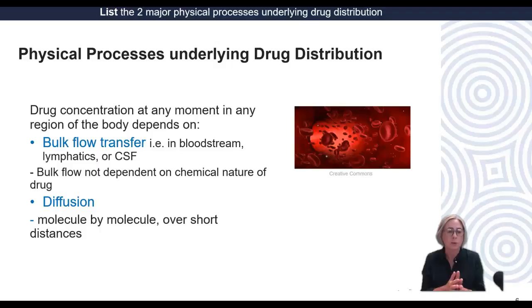Diffusion then is the movement of drug molecules, molecule by molecule, over very short distances. So down a concentration gradient from where they're high in concentration in one area to lower in another area. So say, for example, across the endothelium of a blood vessel.